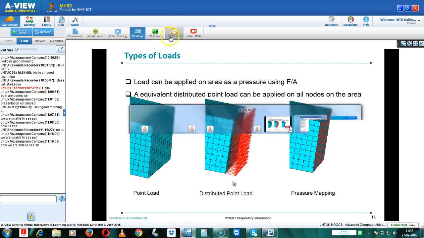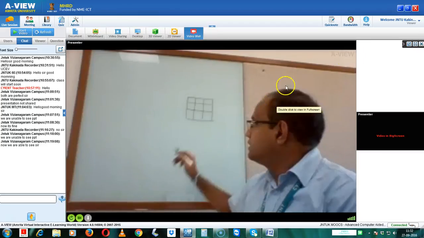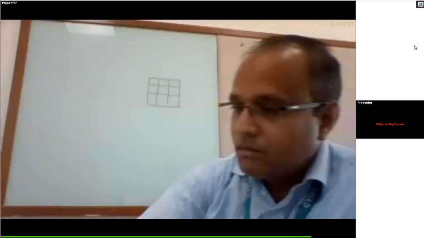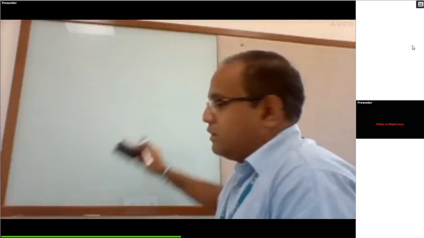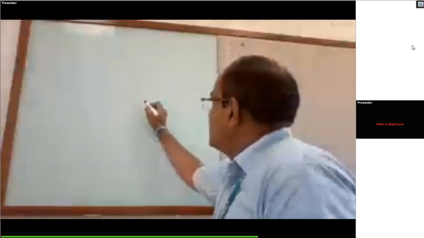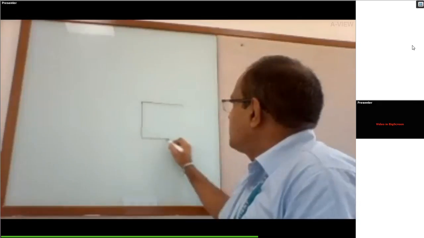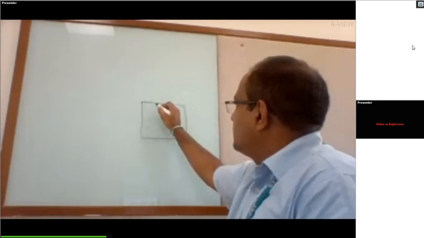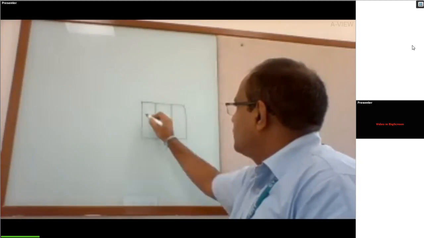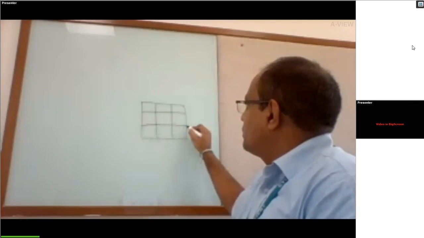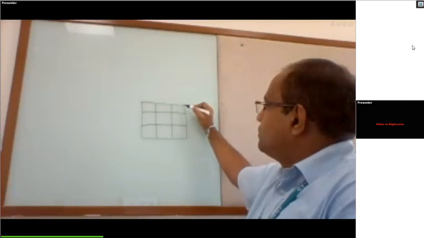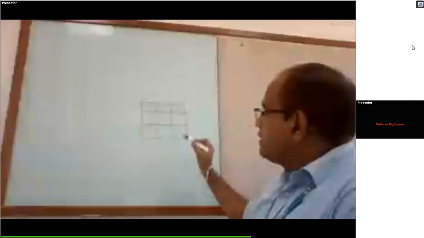Let us take a small example, a 3x3 mesh.